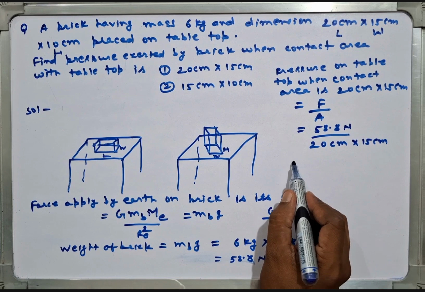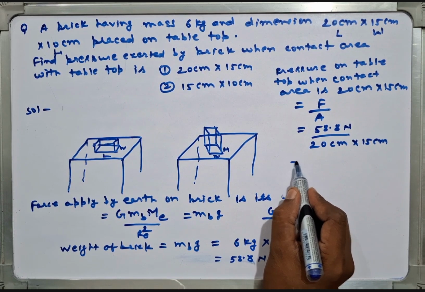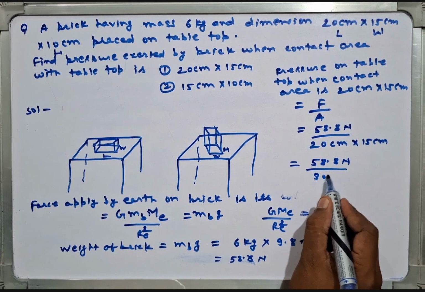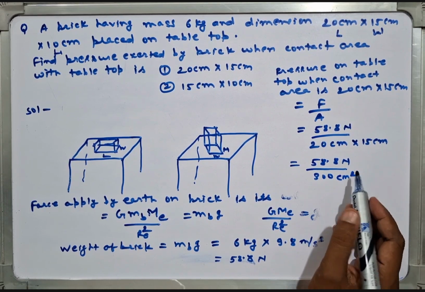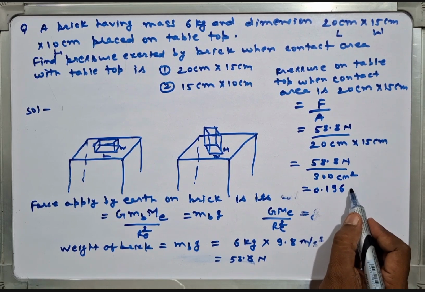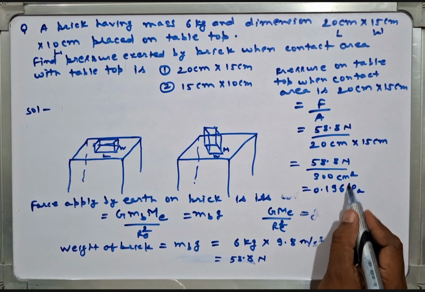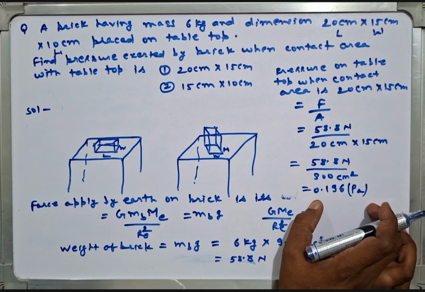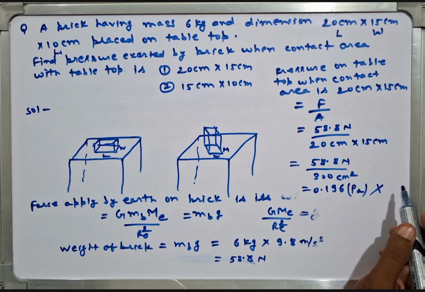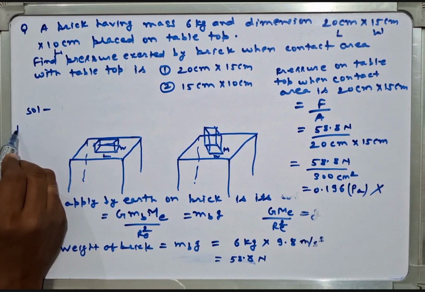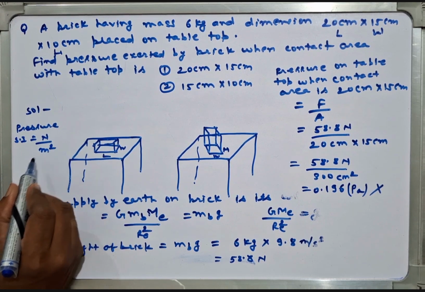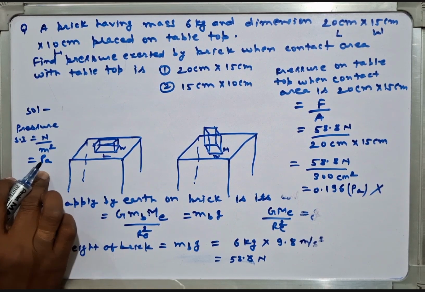Can we write this as 58.8 Newton over 300 centimeter square, giving P in Pascal? Whether this is correct or wrong? This one, guys, is wrong. Why? Because the SI unit of pressure is Newton per meter square, also represented by Pascal.